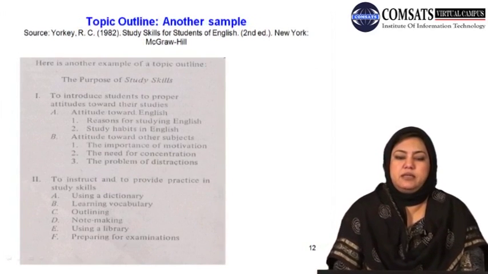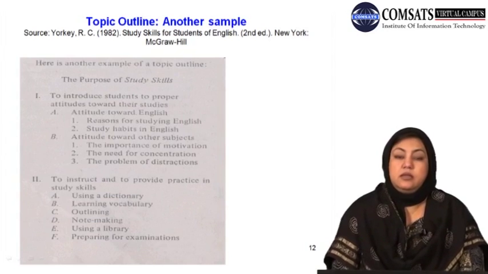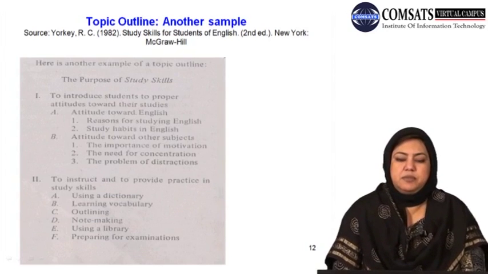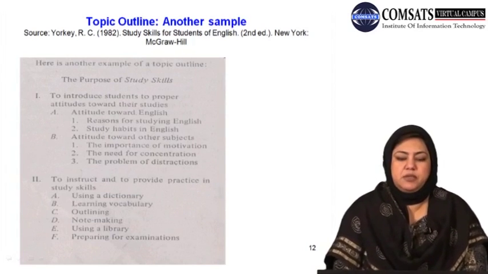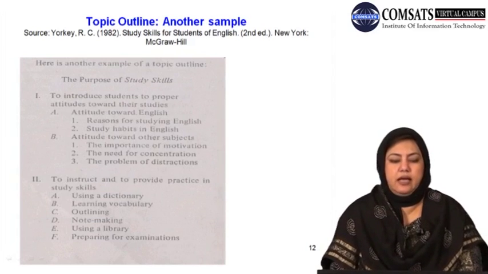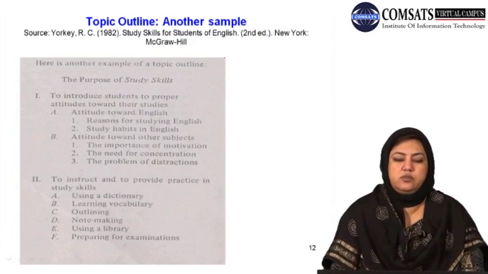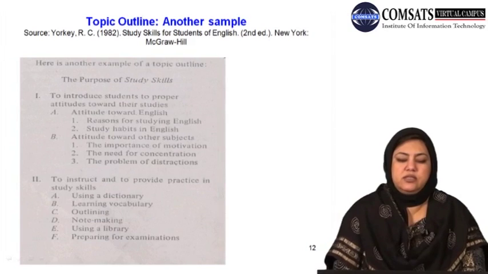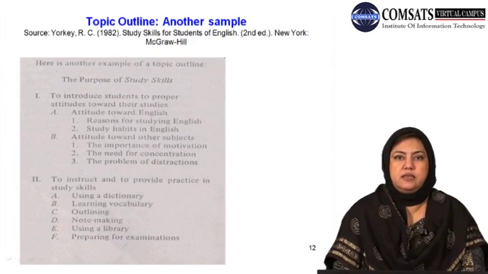Well, just for your benefit, here is another topic outline that I have given as a sample. The topic of this outline is the purpose of study skills. If this is your topic of writing, the purpose of study skills, you can have it divided into two parts. Number one, to introduce students to proper attitudes towards their studies. And number two, to instruct and to provide practice in study skills. Then each type is further divided.